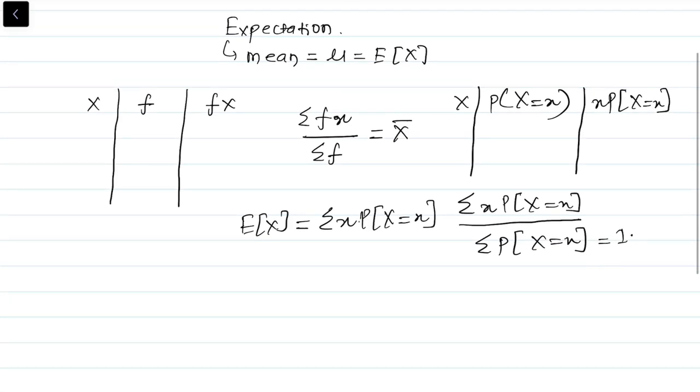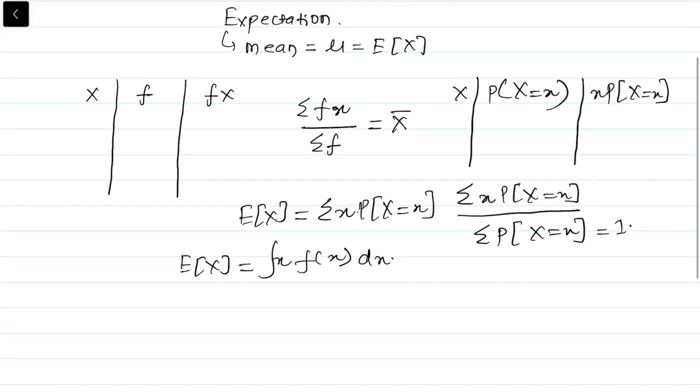Now for continuous random variable, the expectation of x is simply x times function, and then we'll apply the integration. So the summation is replaced by integration and probability is replaced by the PDF. So that's the only difference.